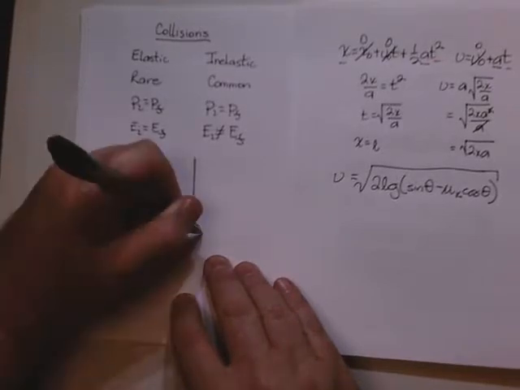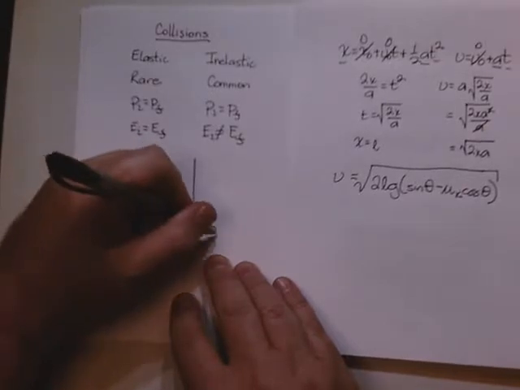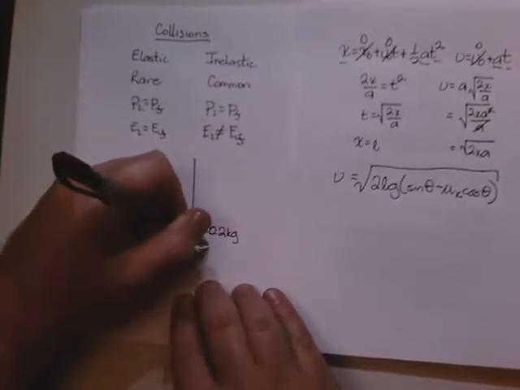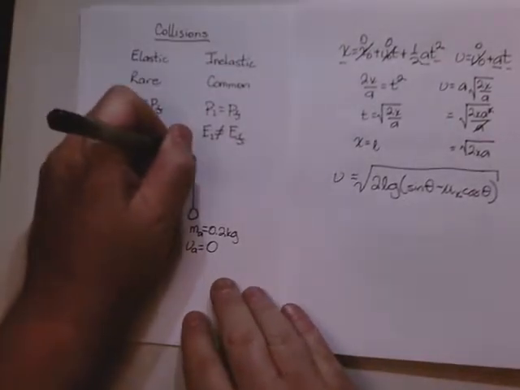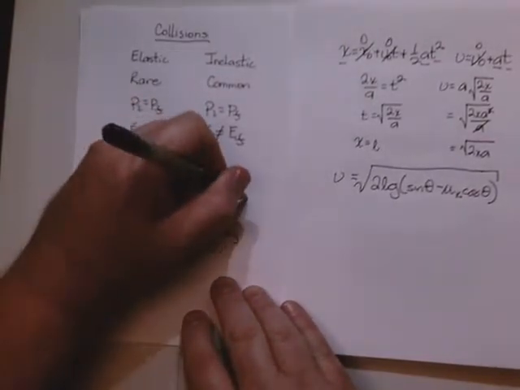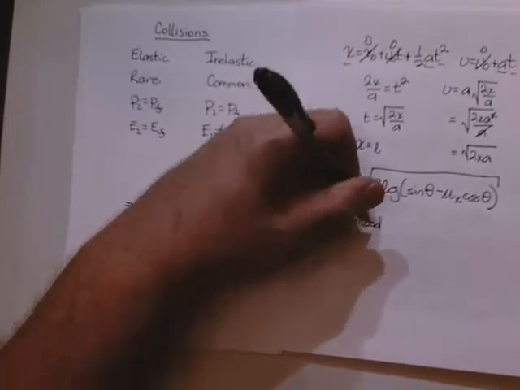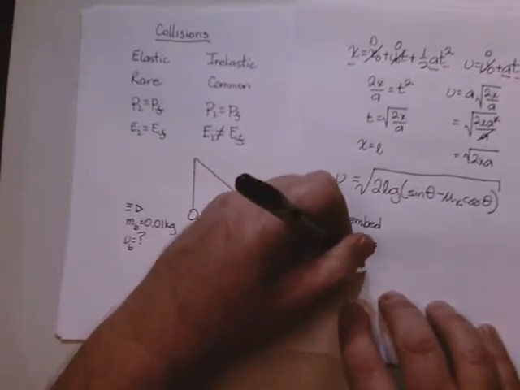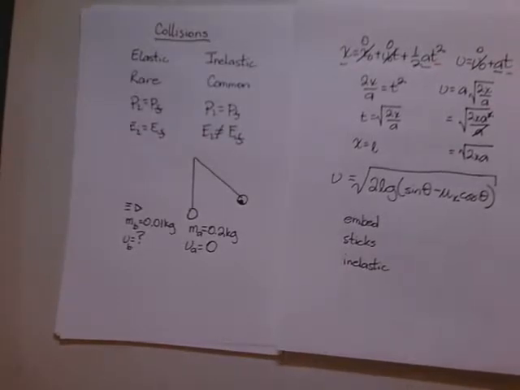It hits this arm and ball mass, and that mass is 0.2 kilograms, and that initial velocity of the arm is 0. Once it embeds itself into the ball, you see the word embed. That means sticks, and that means inelastic. If you see embed or stick, that's an inelastic collision.